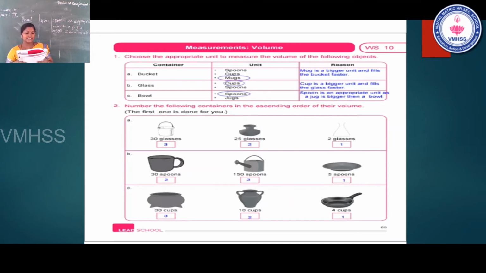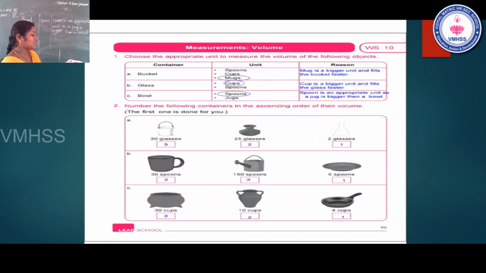First you write the ascending order. So the first one is 3, the second one is 2 and the third one is 1. Already arrange the values. You also try this, writing in ascending order.